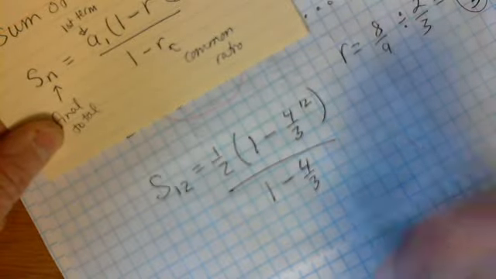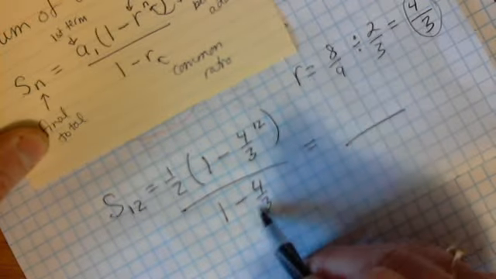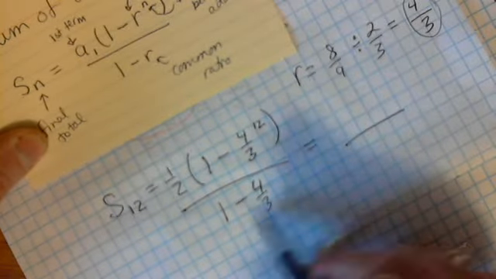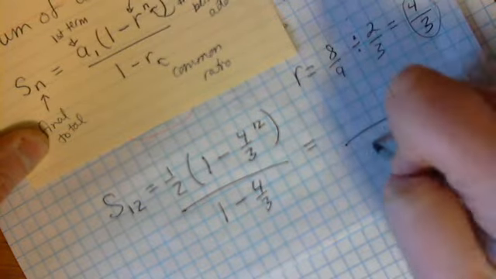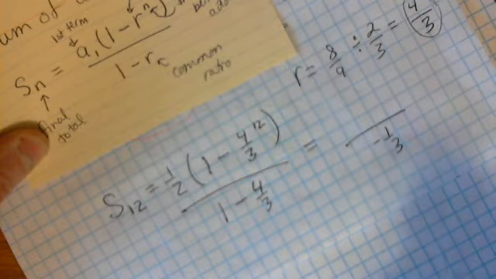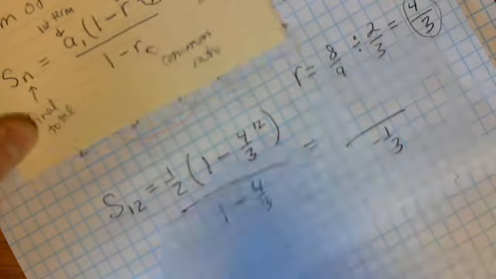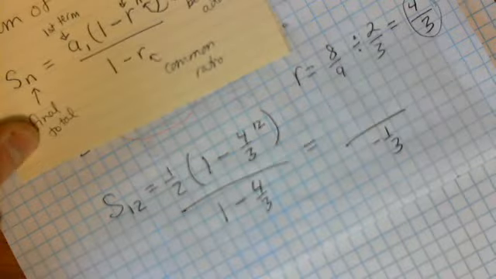Let's see. We can certainly simplify the bottom. That's going to be 1 minus 1 1/3, and I'm going to get negative 1/3. On top, I think it always works best if you distribute these.